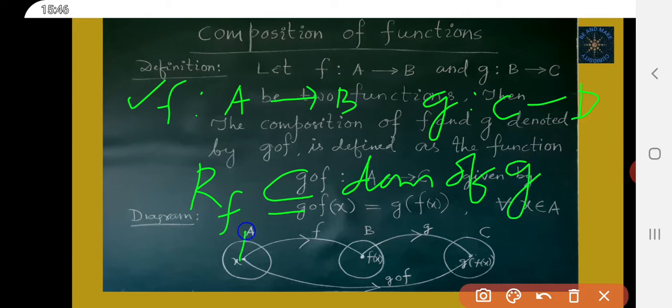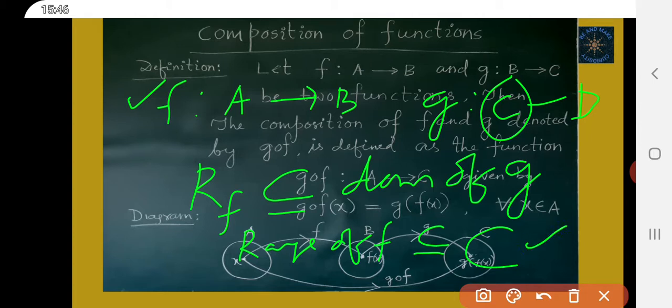Here the range of f is a subset of or equal to the domain of g, that is the C set. So the range of f must be a subset of or equal to the C set.